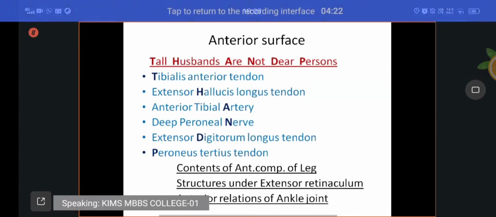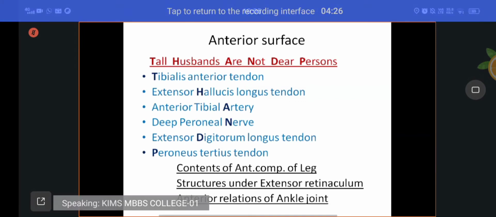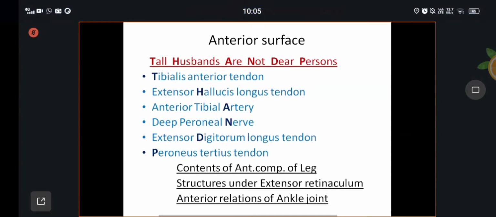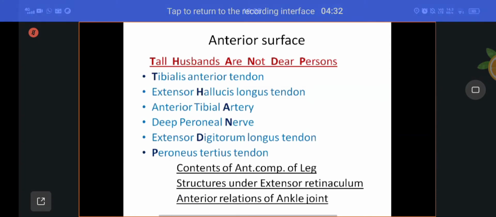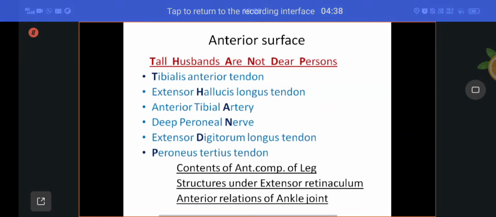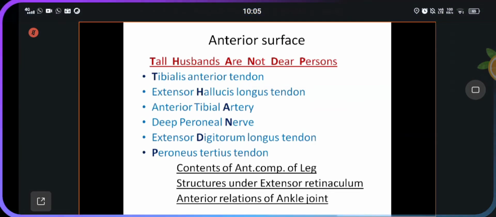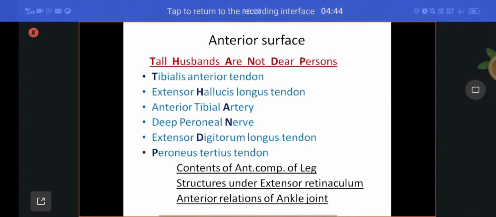Because of 2 different rotations, upper limbs undergo lateral rotation, lower limbs undergo medial rotation. The ankle joint corresponds with the wrist joint. Around the wrist you will have a retinaculum, around the ankle you will have a retinaculum. But the anterior aspect of wrist is equal to the posterior aspect of the ankle.